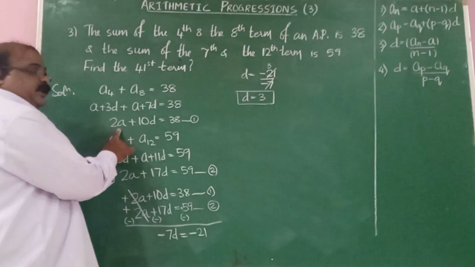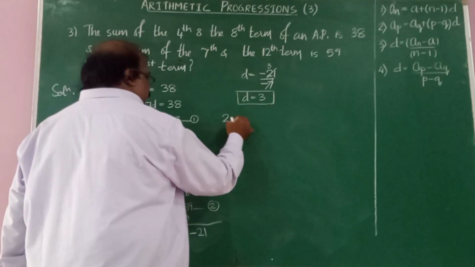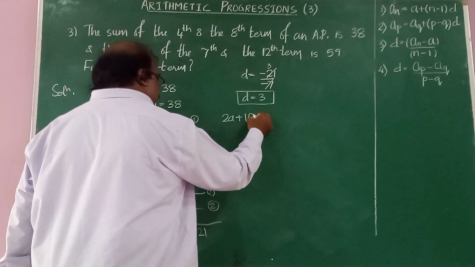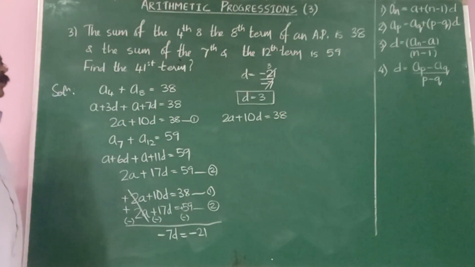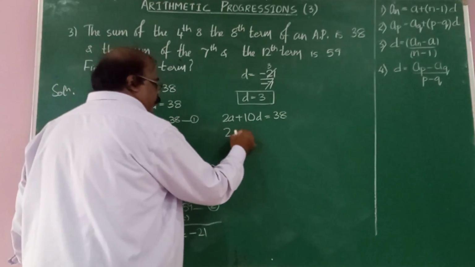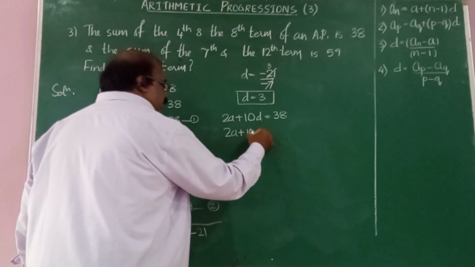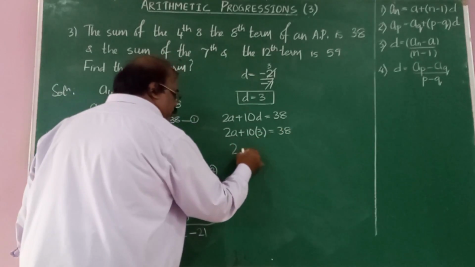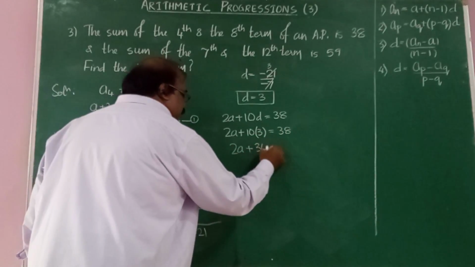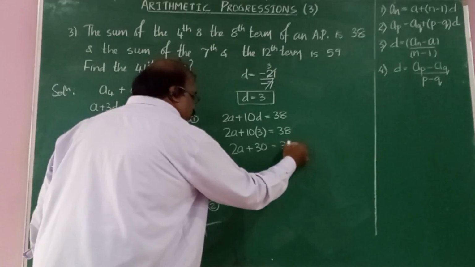Substitute the value of d in equation 1. Equation 1 is 2a plus 10d is equal to 38. So 2a plus 10 into 3 is equal to 38. So you get 2a plus 30 is equal to 38.